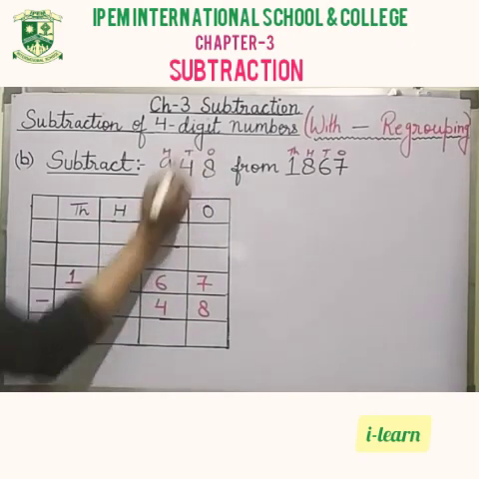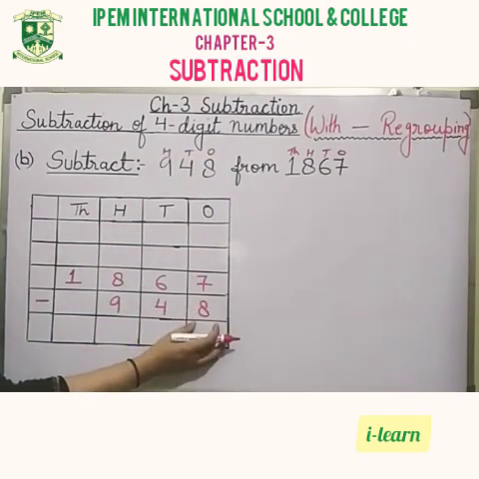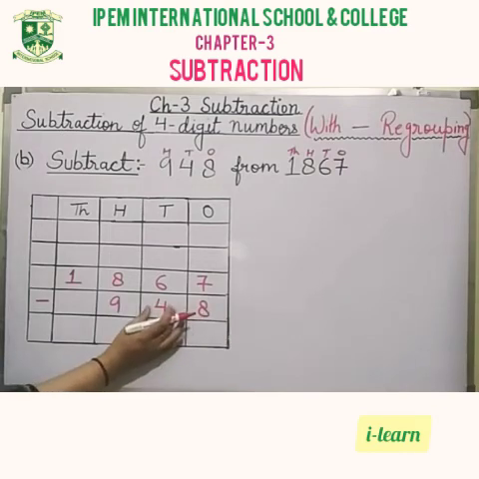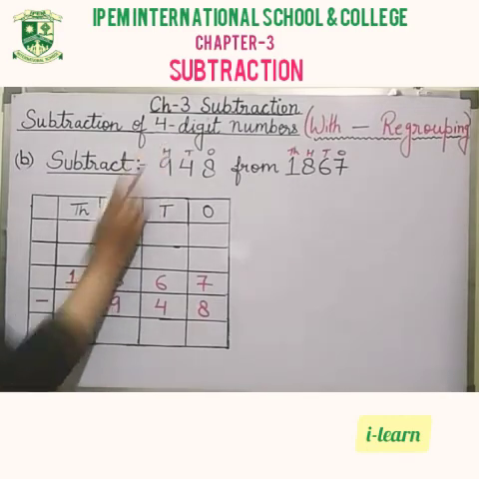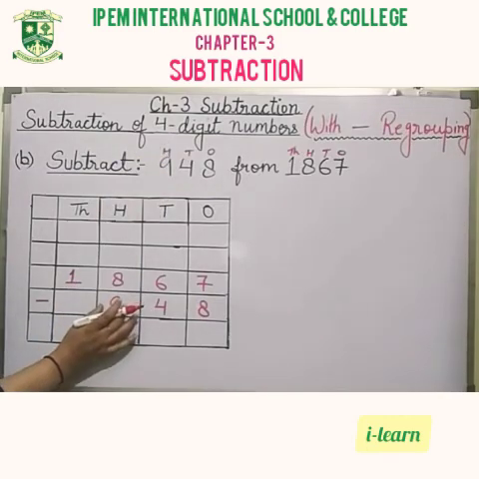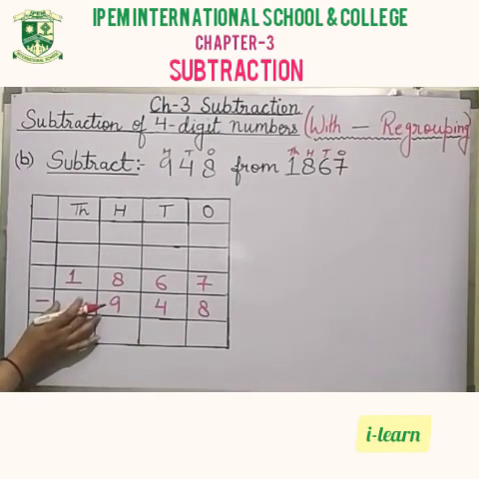This 8 is at ones place, so in the ones column we will write 8, then we will write 4 which is at tens place, and then 9 which is at hundreds place, so it will come under hundreds column. Now see, this box, we will not write any number here. As you can see here, no number is there, so we can write 0 here.